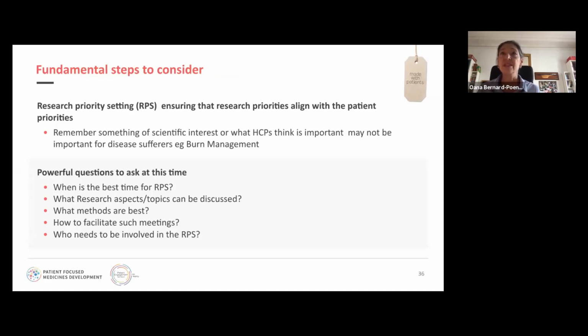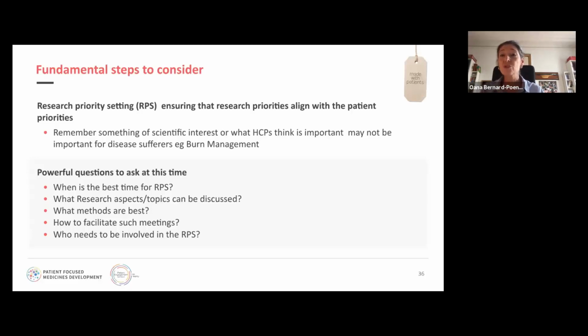So let's go a bit into more details. How to start this, how to implement this dialogue very early and create research methodology together. The fundamental step to start with is to ensure that the research priorities align with the patient priorities. It's somehow about the question that was addressed a bit earlier about what is a medical need and what is a patient need.